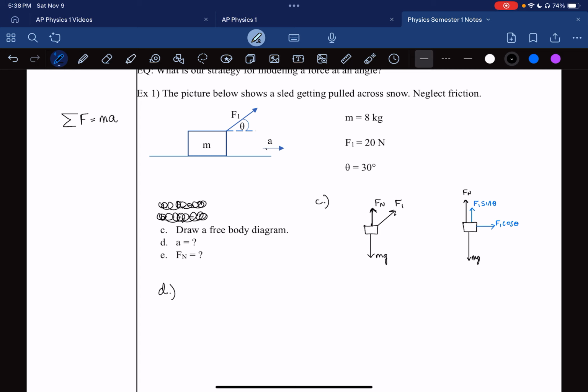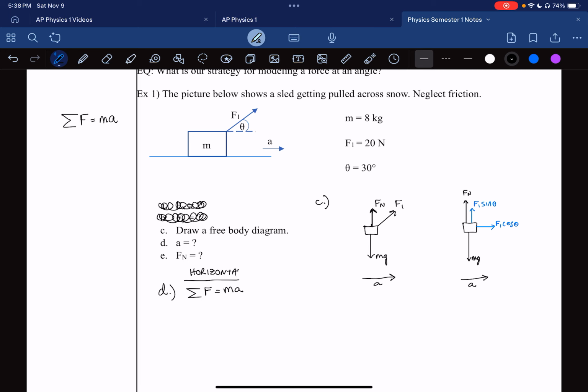Now, it's given away in my picture here that the object is accelerating to the right. So we could have drawn an arrow here for acceleration. If I want to determine the acceleration of this, I have to use Newton's second law. And remember back to our previous lesson, we're going to do this horizontally.